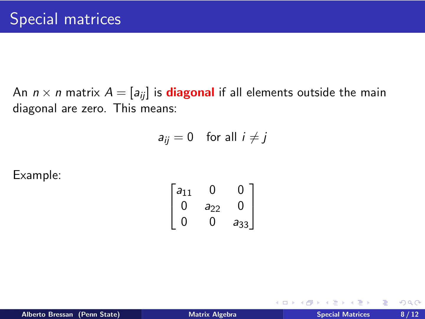And this is called diagonal if all the elements outside the main diagonal are 0. So in particular, this means a_ij will be 0 if it's not on the diagonal. That means if i does not equal j. Okay. So an example will be a matrix like this. All of these on the diagonal potentially can be non-zero, but everything outside will be 0.